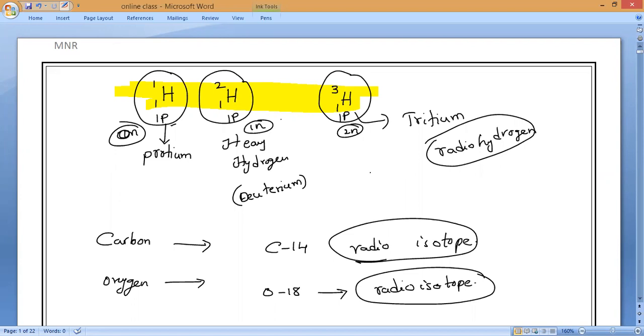The elements behaving like this are called radioactive isotopes, or radioactive elements. These radioactive radiations may contain alpha particles, beta particles, and gamma rays, different kinds of rays which are very, very dangerous to our body.